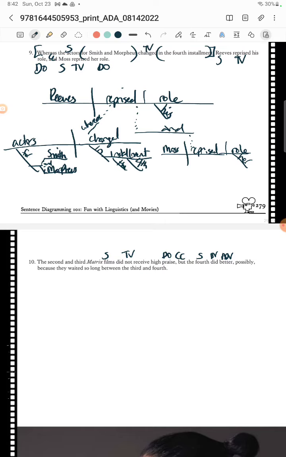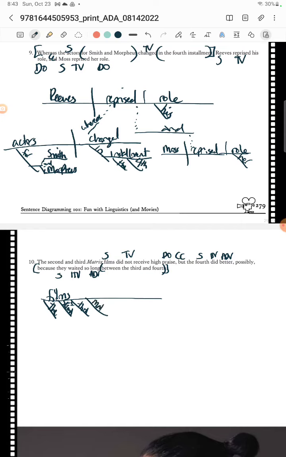Okay. Because that's going to be my next dependent clause, or my first dependent clause, but my next clause. They waited, and then they waited along, and then they waited between movies. Okay. Spacing. How do I want to do this? All right, so I know I'm going to have the film. So it's the films, it's the 2nd, 3rd, and we know this is a compound, so we got to put an and in there.